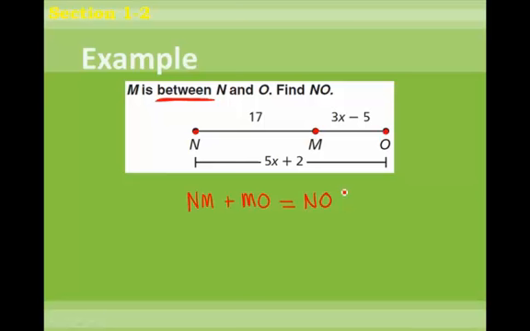So if we use a bit of substitution here, the length from N to M is 17 plus the length from M to O is 3x minus 5. And then the length from N to O is represented by 5x plus 2. So after we've done that substitution, now we can find out what x is and find the length from N to O. We're just going to do some algebra here by combining like terms and taking the variable to one side.